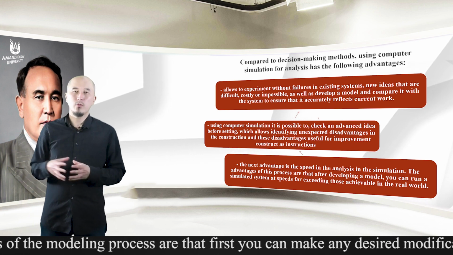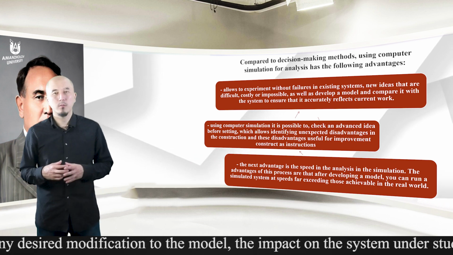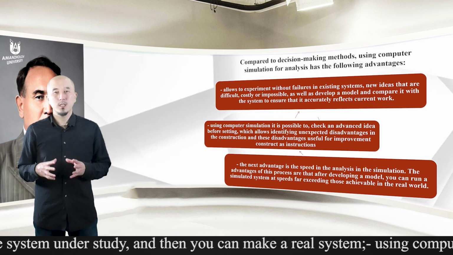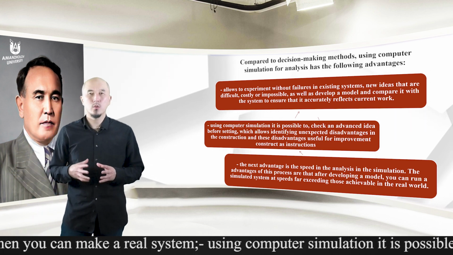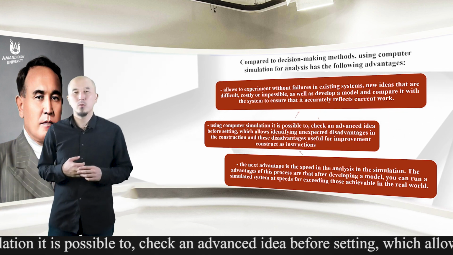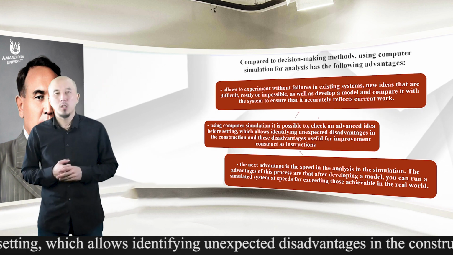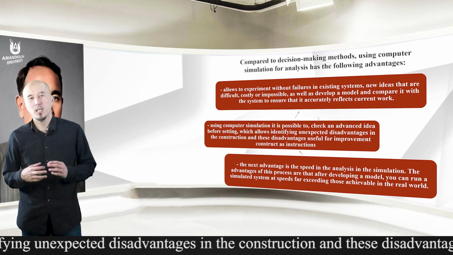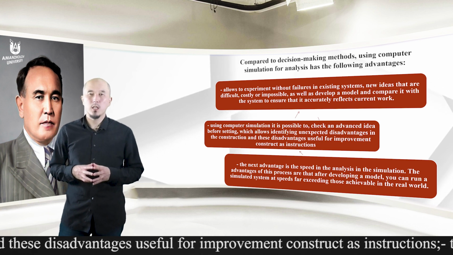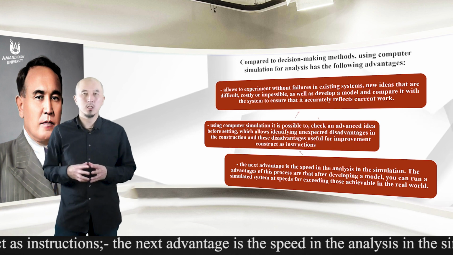The advantages of the modeling process are that, first, you can make any desired modification to the model and study the impact on the system, and then you can make a real system. Using computer simulation, it is possible to check an idea before implementation, which allows identifying unexpected disadvantages in the construction, and these disadvantages are useful for improvement.